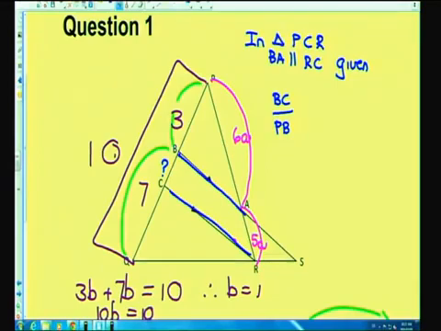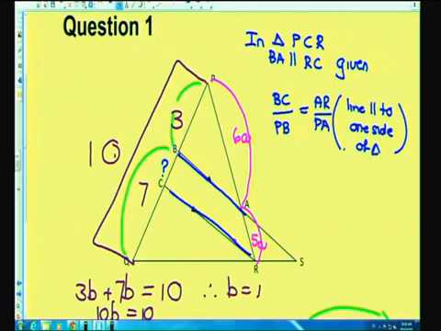So here I must take AR over PA, because that would be proportional sides between the parallel lines and above the parallel line. So now that would be line parallel to one side of triangle, proportional. That would be the reason we would use for this particular statement.